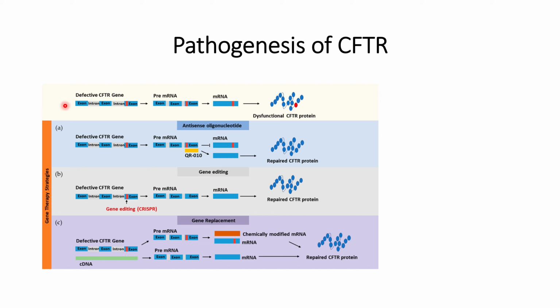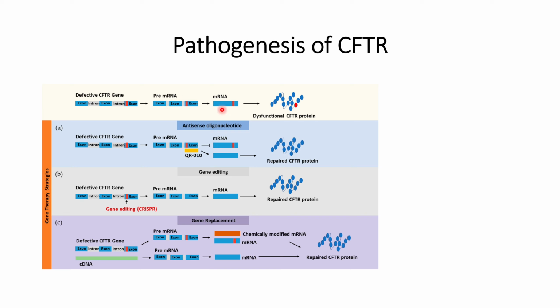As we know, genes are present in DNA in the form of exons and introns. After the splicing of mRNA, these introns are removed, and then these exons are combined together to form pre-mRNA.